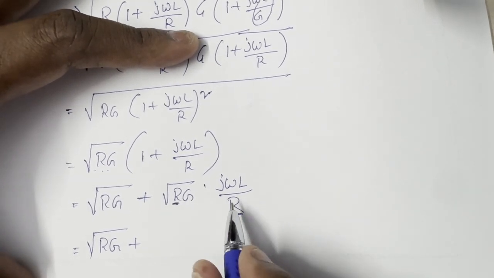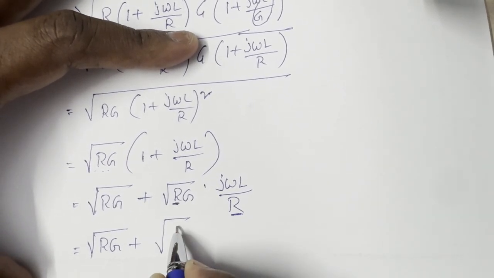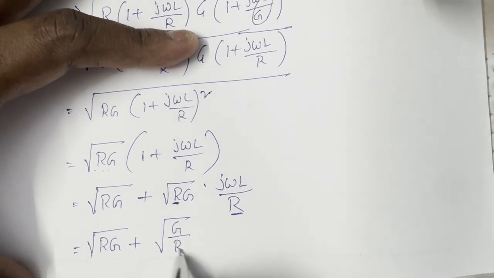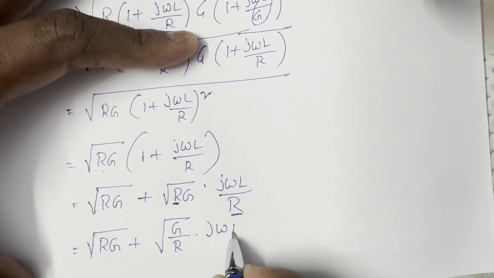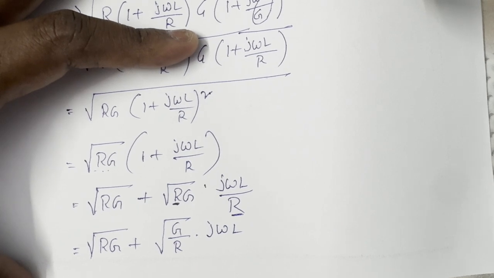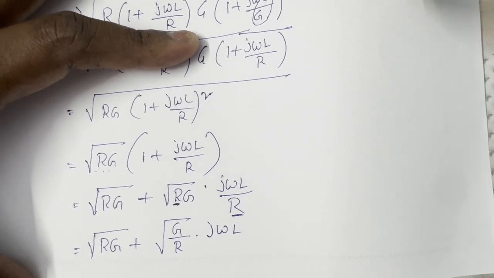One root R remains, so we get root G by R into j omega L.